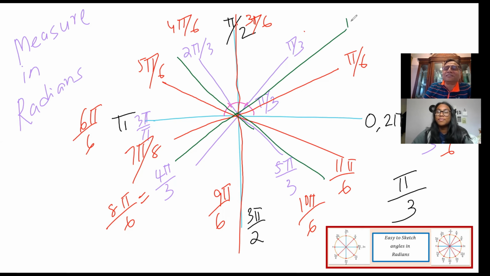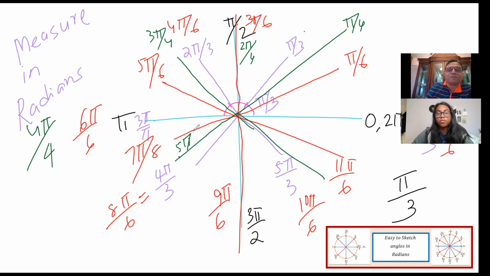So when I do this, this is 1 pi by 4, 2 pi by 4, 3 pi by 4, 4 pi by 4, which is pi, right? 5 pi by 4, this one. 6 pi by 4, 7 pi by 4, and 8 pi by 4, 2 pi.